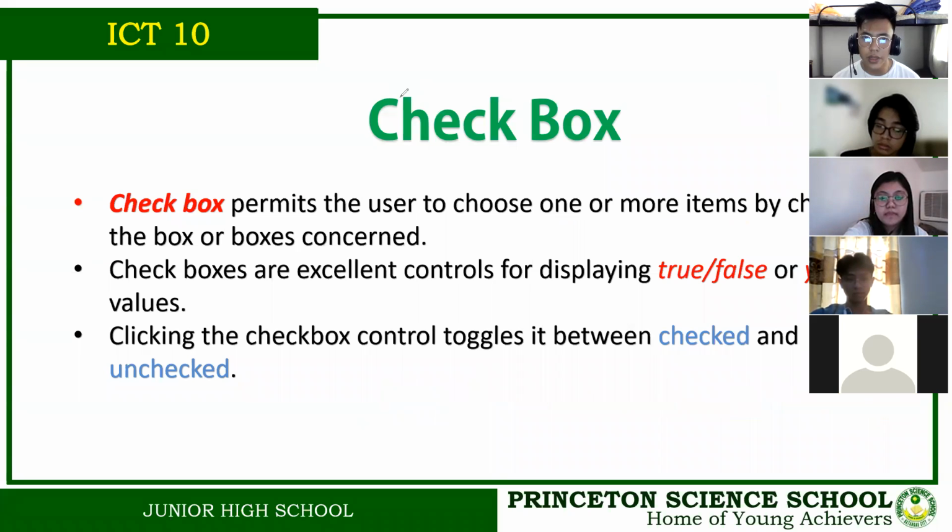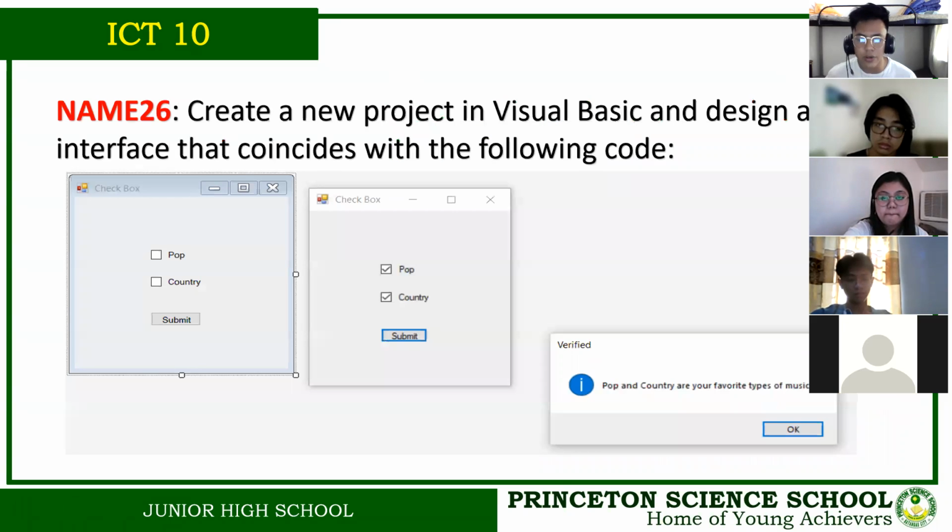And with that, let's proceed to this one. We're going to have a new activity, which is going to be named 6. We're going to create a new project in Visual Basic and design a user interface that coincides with the following code. First we will have our output like this.